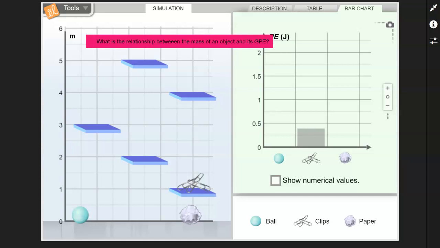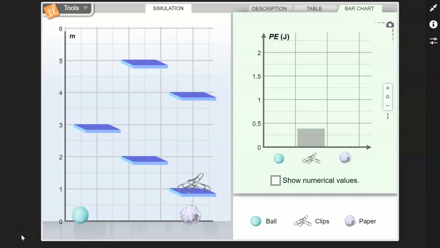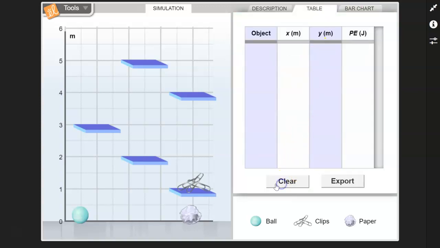We're going to use this scientific question to collect some data. We will use the Gizmo that you're familiar with from lesson 3 called Potential Energy on Shelves.